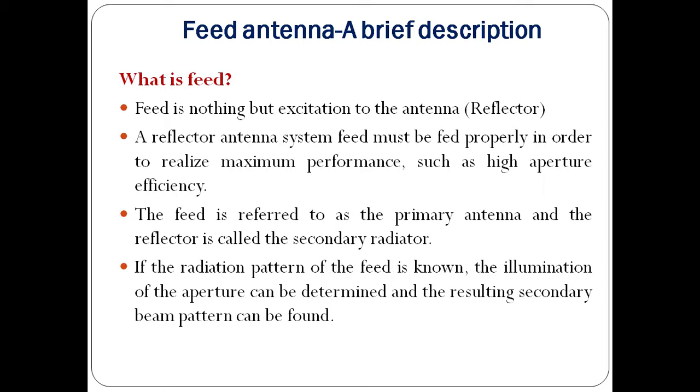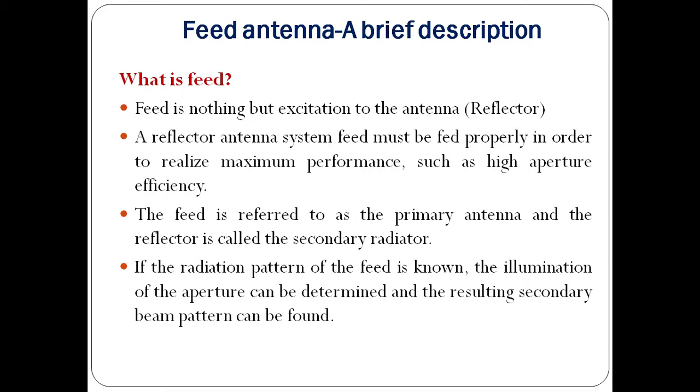If the radiation pattern of the feed is known, then the illumination of the aperture can be determined very easily and the resulting secondary beam pattern can be easily found, because we can shape the secondary beam pattern from the reflector only if the primary pattern is properly formed by the feed.